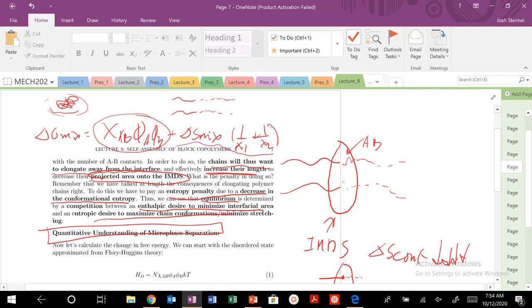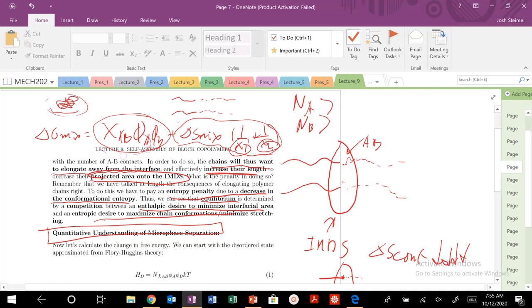Well, I'm mixing two polymers, right? And we said that N is large. So Na and Nb are very large, it could be 100K degree of polymerization. So is this delta S of mixing term going to be large in magnitude? No, right? Because we're scaling inversely here. So this delta S of mixing term is what pushes us to be in this state.